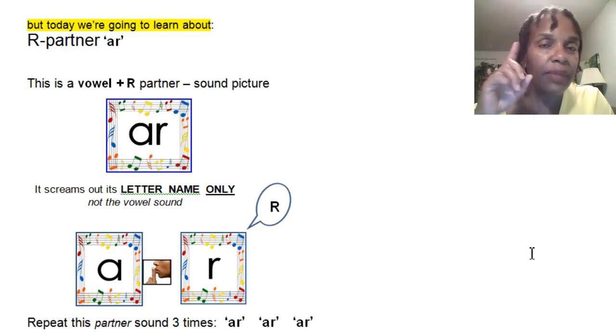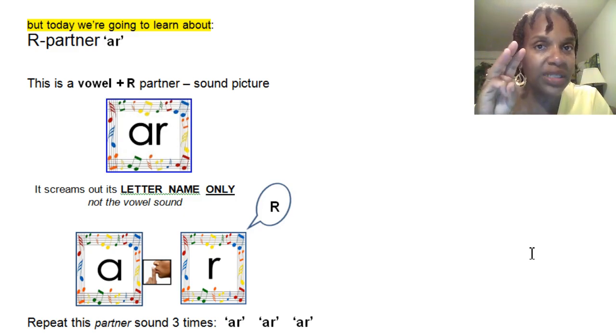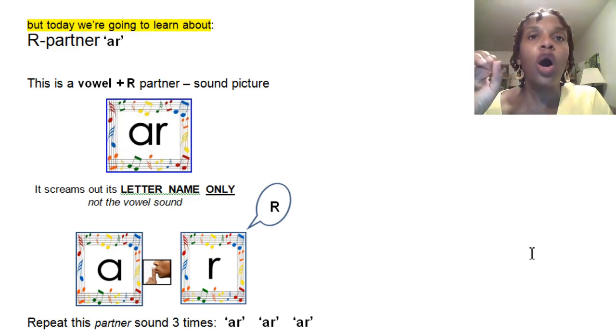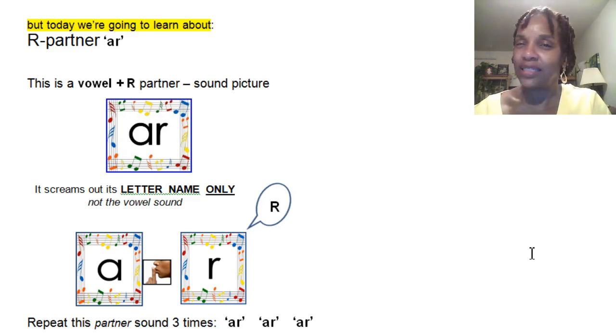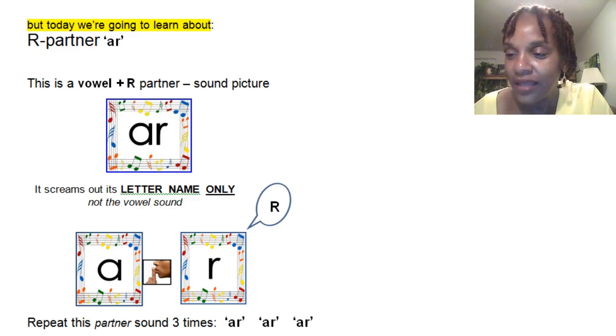So I'm going to say this new partner sound 3 times. R, R, R. You say it. R, R, R. It almost sounds like a pirate call. R, you mateys, R. Okay, good job.